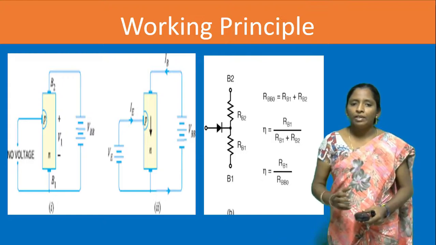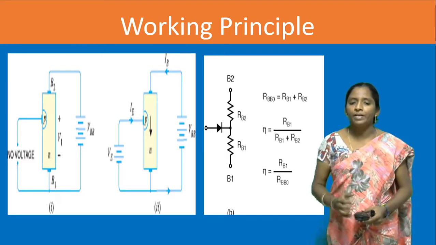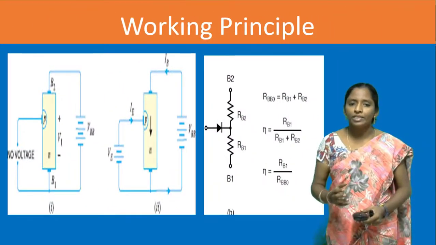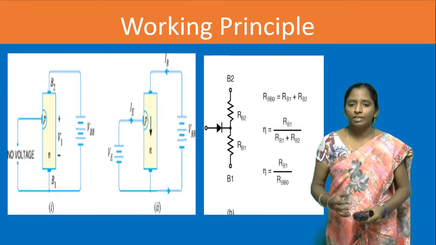At that time, the PN junction is reverse biased, because the voltage applied at B1 is less, so there is a reverse voltage at the PN junction.